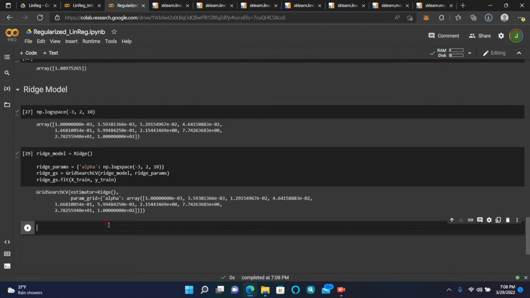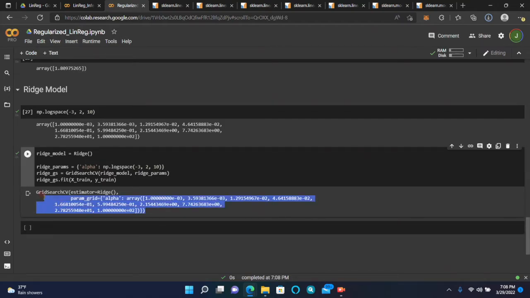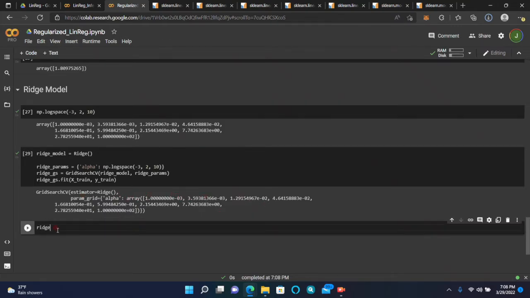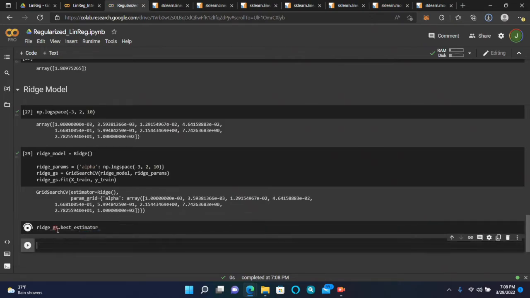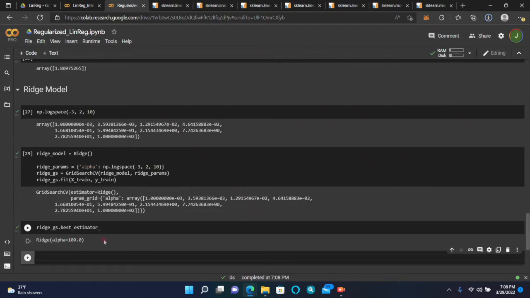That's fine. So what this did was it fit 10 different models, one with each value of alpha. And then if you look in here, gs.best_estimator_, there we go. It'll tell you alpha equals 100, which is the highest one.